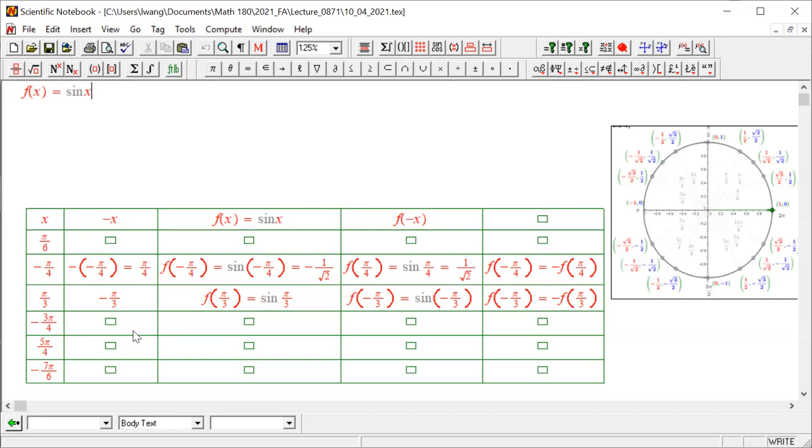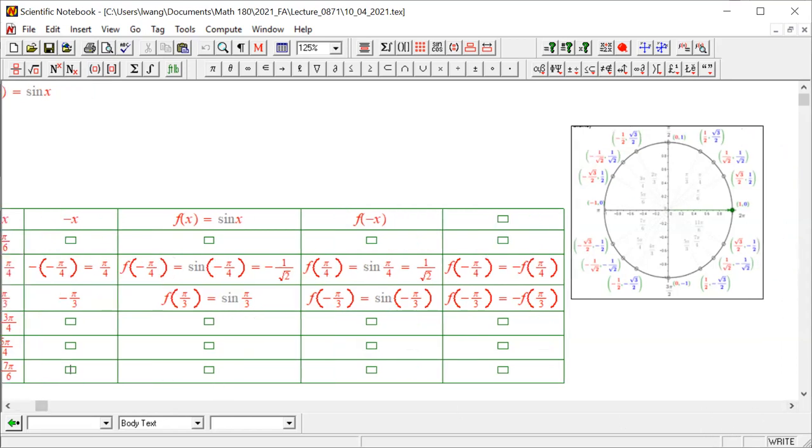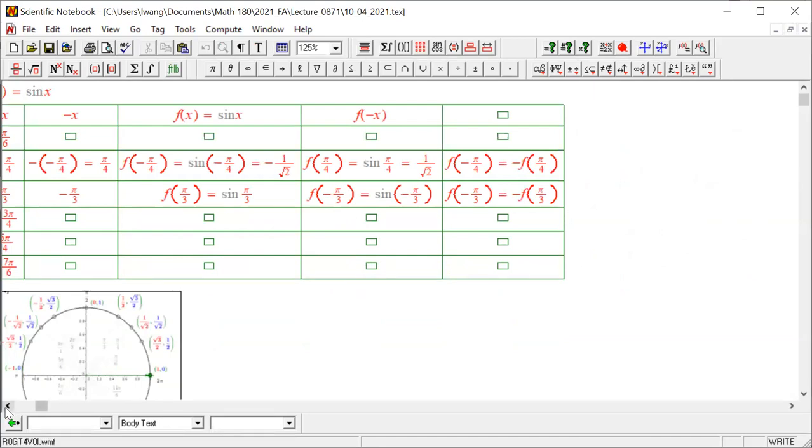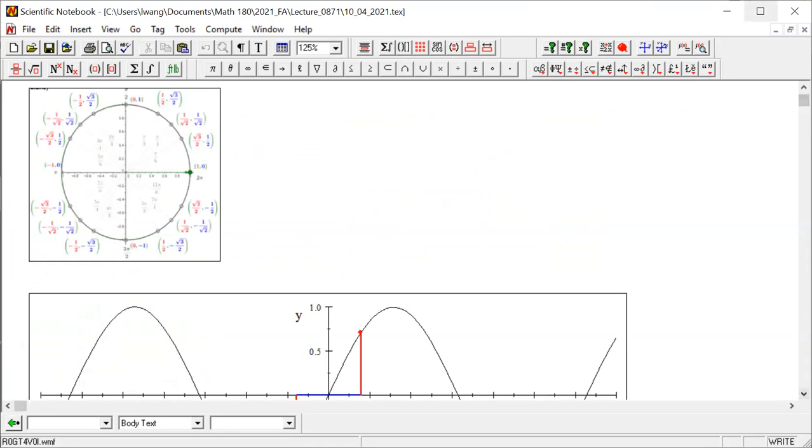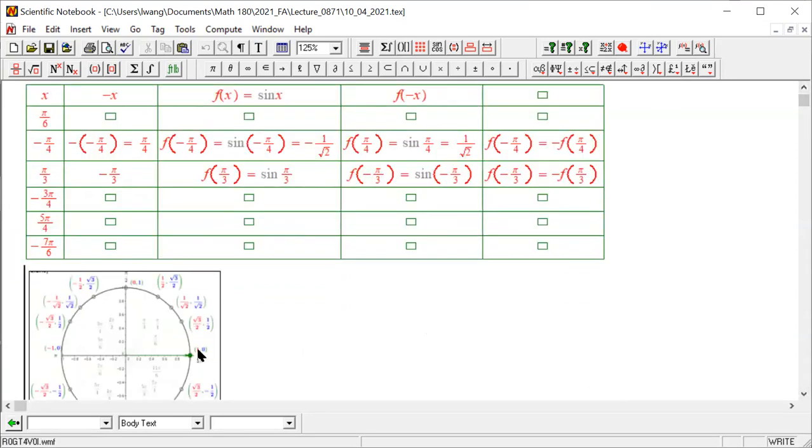Professor, can we complete -7 pi/6 or we don't have time? Oh, we can do that. Thank you. -7 pi/6. Okay, so when we work with -7 pi/6, the opposite of it is 7 pi/6.